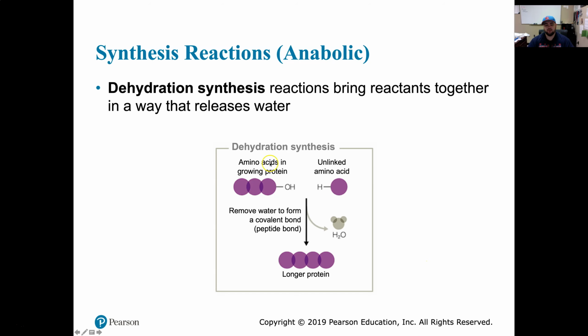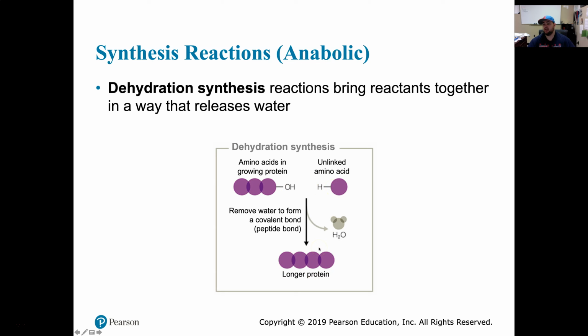And that's what this image shows right here. This is an amino acid chain, and here's an unlinked amino acid, and we want to join them via a chemical bond. Well, we use a dehydration synthesis reaction to create a bond between the endmost amino acid and the unlinked amino acid, and then you end up with a bigger one.